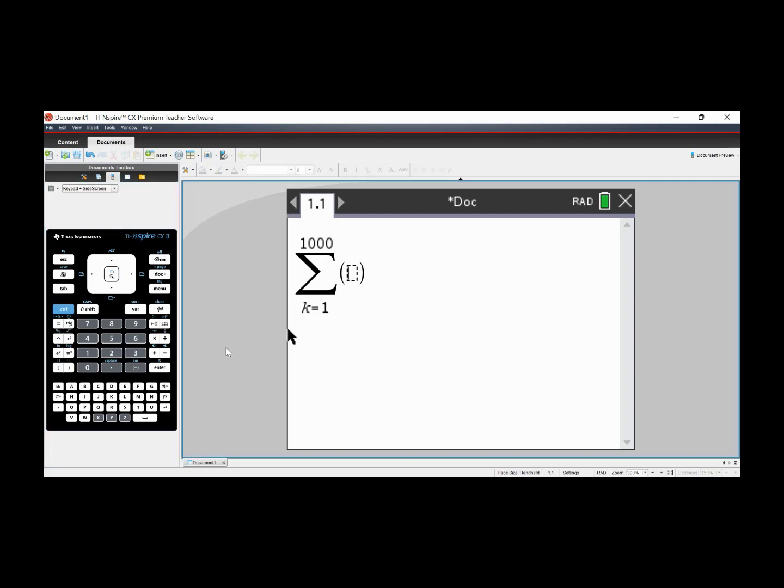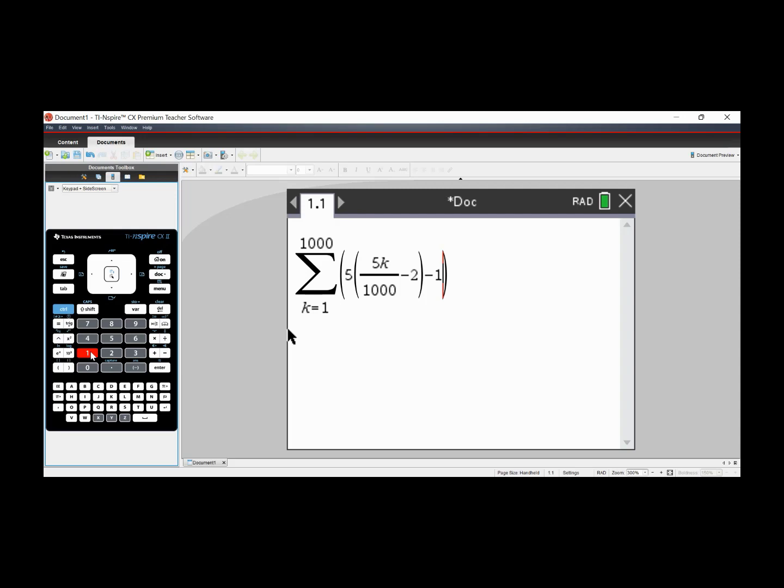Okay, so we had the summation of 5 times, and we need the fraction template, 5k over, now instead of n, we're going to put that 1,000 again. Then I'm going to arrow out of that, subtract 2, close that parentheses. Then don't forget to subtract 1.